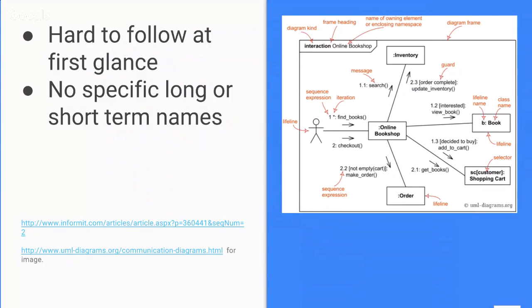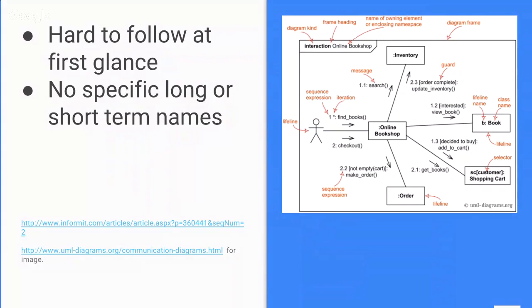The other downside is that there is no specific long or short-term naming system for communication diagrams. Because of that, we use standard words and letters throughout UML so that there's consistency in every diagram. For long-term names, we use the word interaction and then put the name of what we're showing. For instance, this slide says interaction online bookshop, and then you have your long-term communication diagram depicted. There's a different way of modeling this that's the short term.